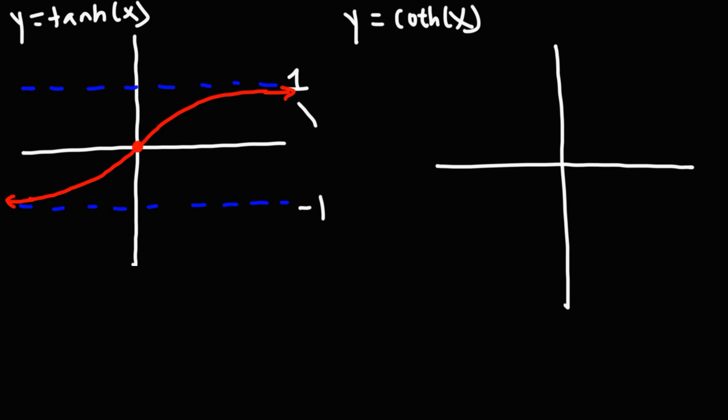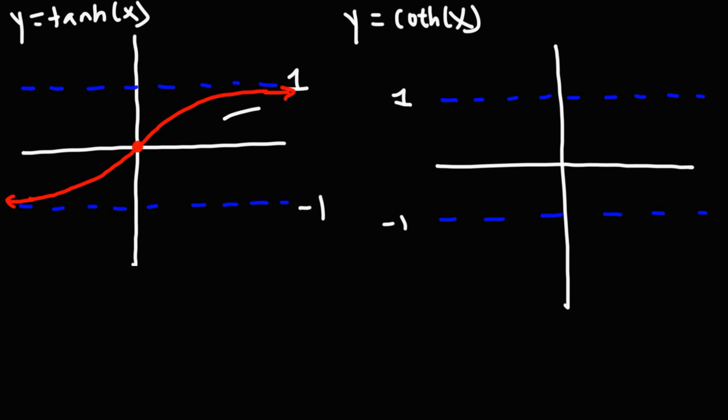But keep in mind, this is not equal to 1, but it's less than 1. So let's say if it's 0.9, 1 over 0.9 is a number that's close to 1, but just above 1. So what's going to happen is hyperbolic cotangent will have the same asymptotes at 1 and negative 1.